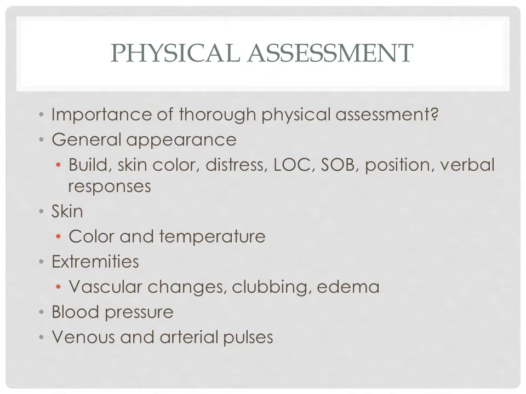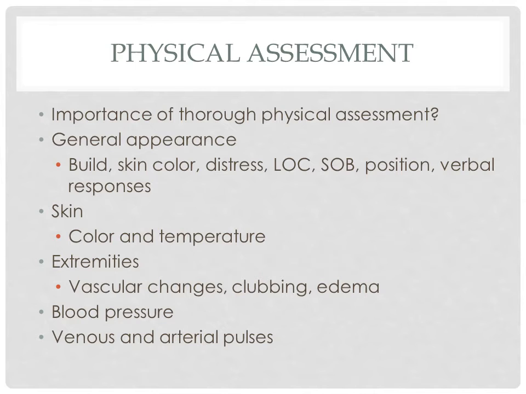Obviously, physical assessment is going to be very, very important. So you want to take a look at their general appearance. Anything that you find in this initial physical assessment is going to serve as a baseline for comparison during and after treatment. So general appearance, you look at their build, skin color, distress, level of consciousness, shortness of breath, position, and verbal responses.